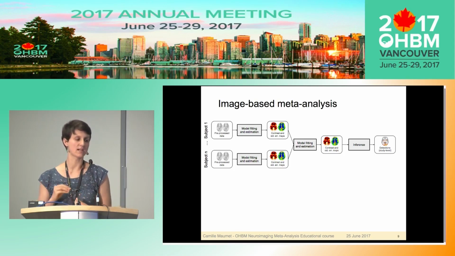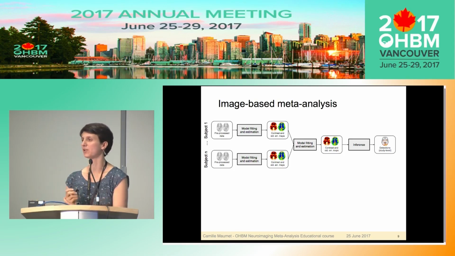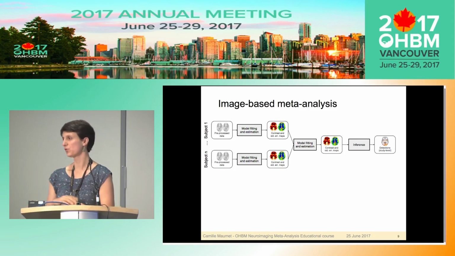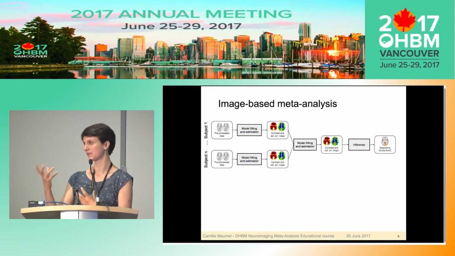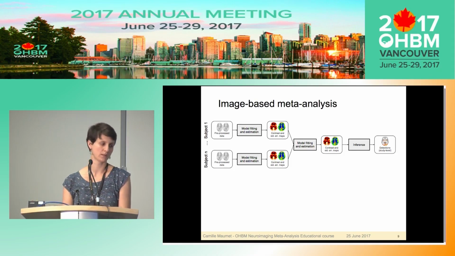On these second-level contrast and standard error maps, we can build a new group-level statistic that we can threshold to, again, get the significant areas of activation.